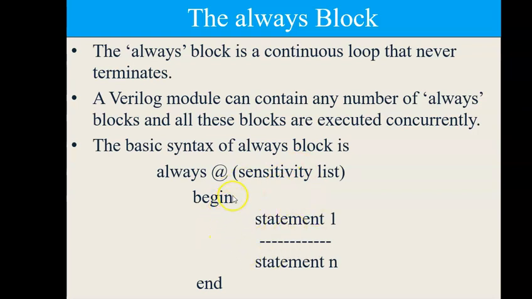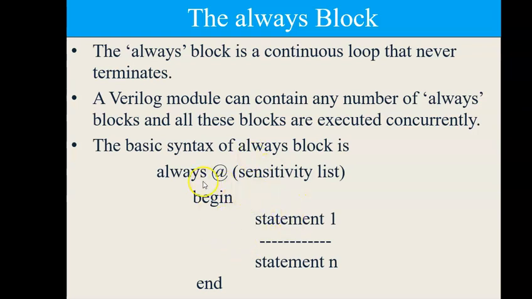That's why I have written begin here, and every begin must be closed by end. So always @ this sensitivity list, you do the following: begin, statement 1, statement 2, statement 3, up to statement n, there may be n statements, and at the last, end. So this is the basic format of the always block.